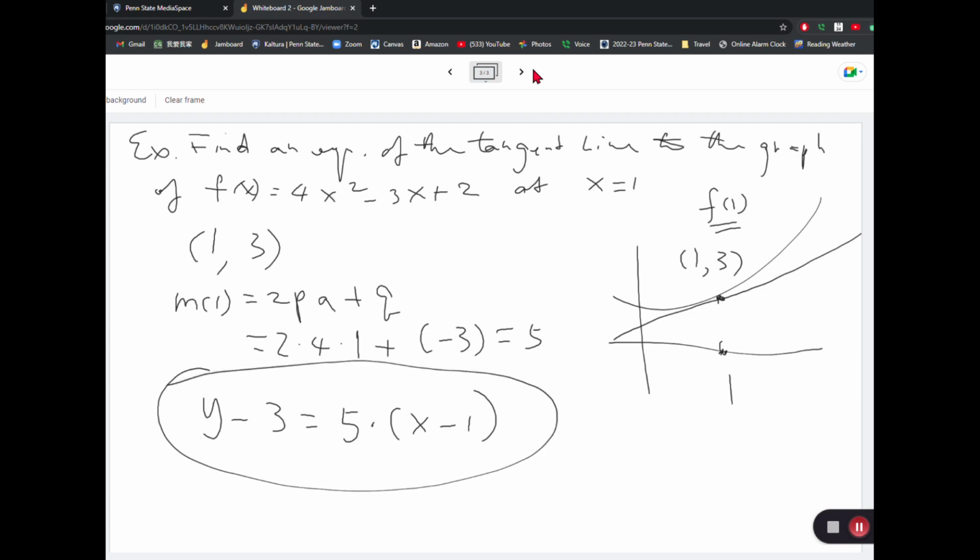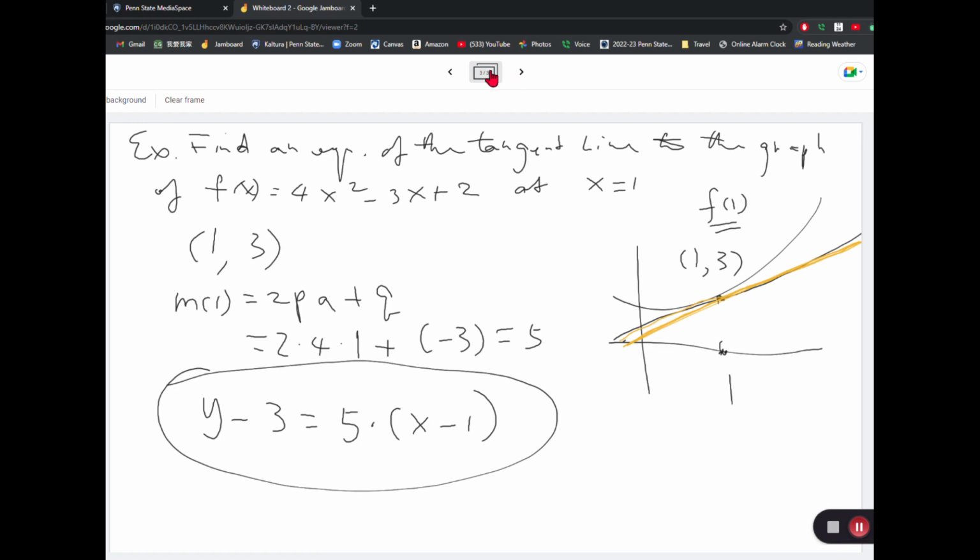We don't need to simplify. So this will be the equation of the tangent line, which I actually had drawn as a line. All right, this graph is just a demonstration. It may not be the actual graph. This just shows you what we're trying to do in this example.